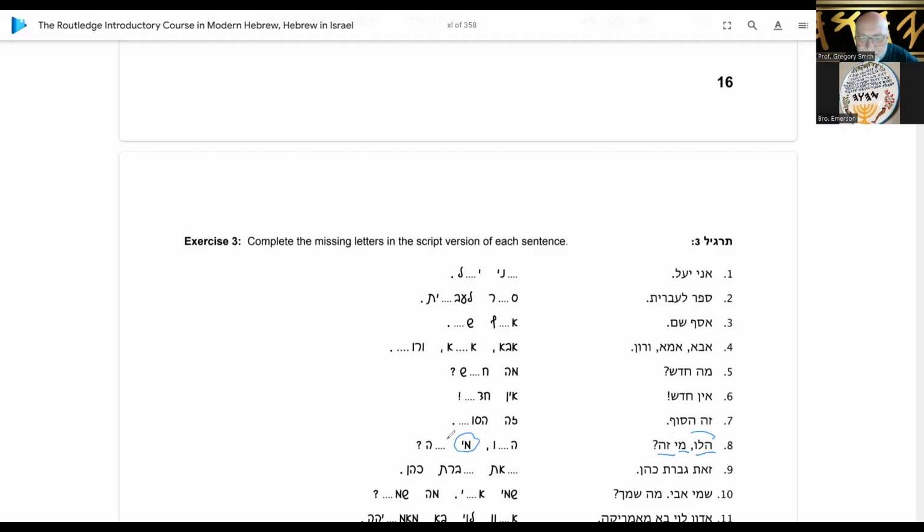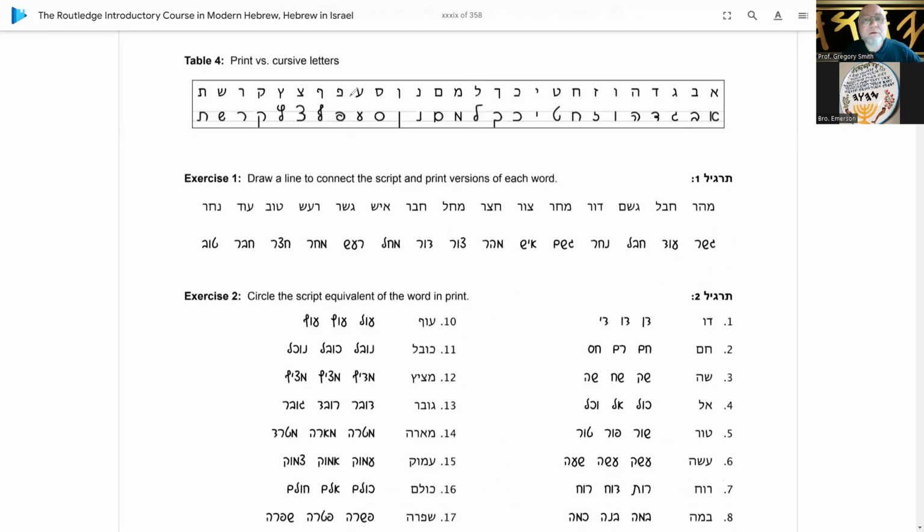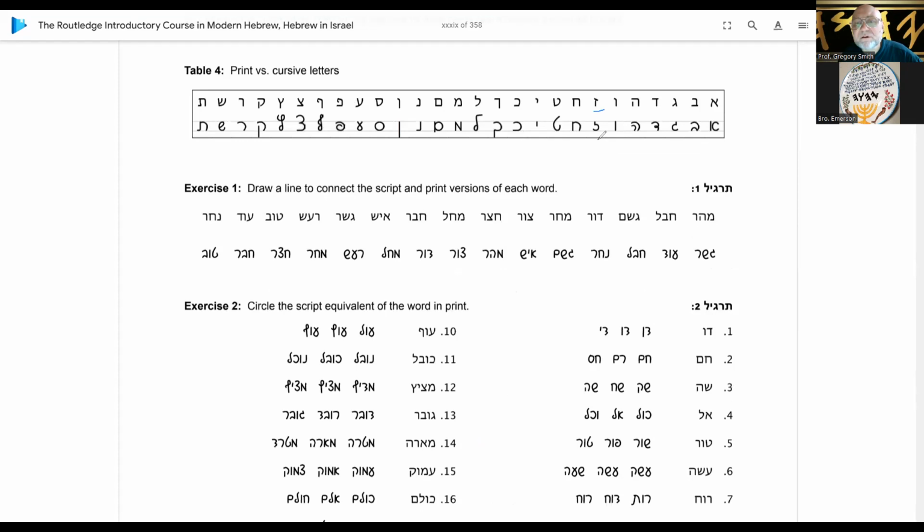So we need to figure out what the zayin is and then the lamed. I think the zayin is pretty close to what it looks like in block script. No, I'm totally wrong about that. There's the zayin. So it looks like a fish, looks like some kind of a hook, but it's the other direction.